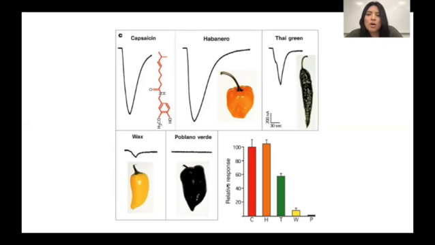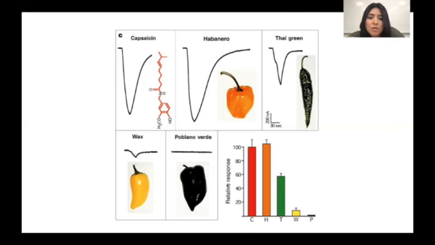We are looking at the properties of capsaicin on the screen right now and making sure these receptors do the same thing. So capsaicin is dose dependent, which means if it gets more of it, then we get more response. As you can see, with poblano, nothing happened because it didn't have any capsaicin, so it's responding as it's supposed to.